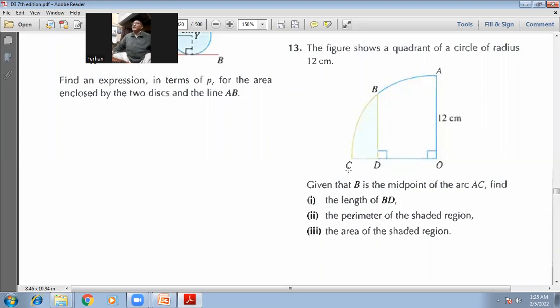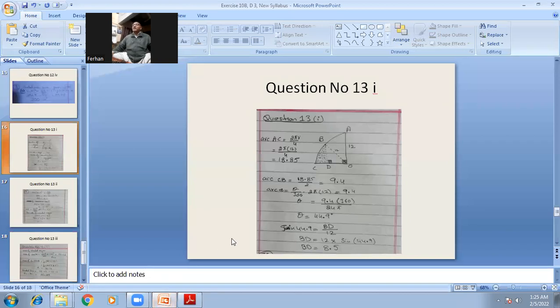This whole thing is 12 centimeter. By using that right angle triangle, I will find the length DO. And from the CO, I will subtract the DO, and that will give me the CD. So that's the strategy. Then I will add this, this, and this, and that will be the perimeter of the shaded region. So let me show you.